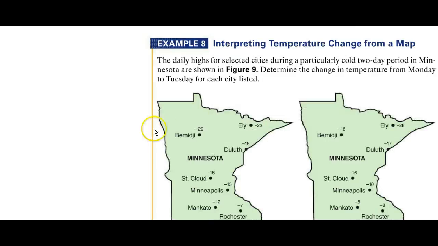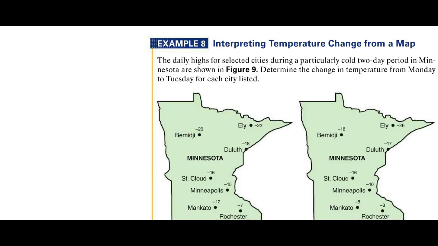Okay. Well, in this last example, we're looking at, let's say, Eli. On this day, it was negative 22. So it was a decrease by 4 degrees. I'm not sure how to say that.